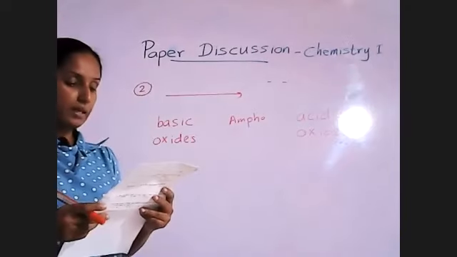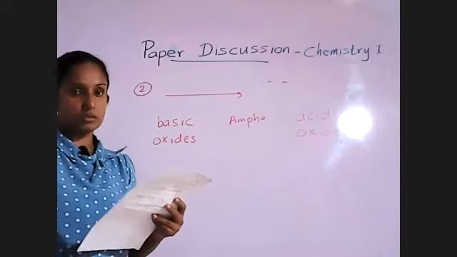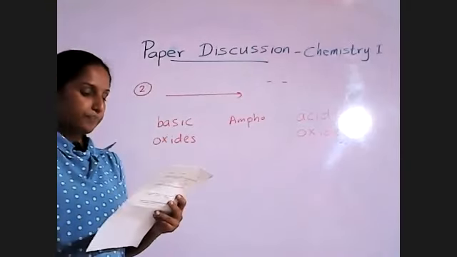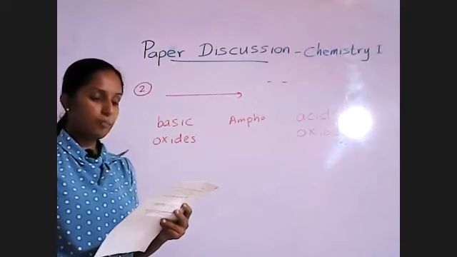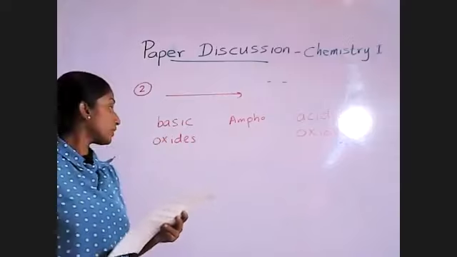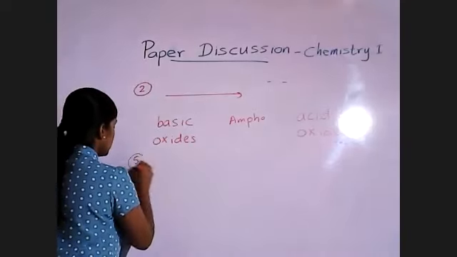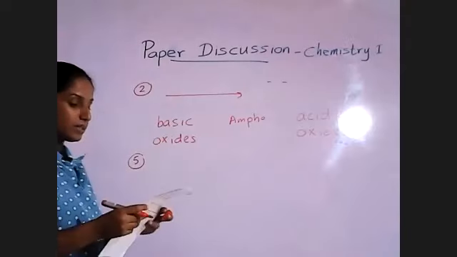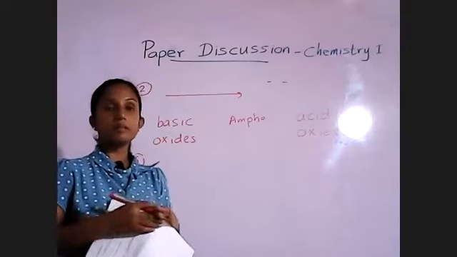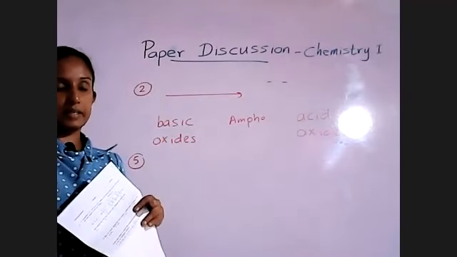Look at the fifth one. The number of lone pair electrons around the oxygen atom in a water molecule. Question number 5. You have to remember this one, not just when you are drawing the Lewis structures or the dot cross diagrams.